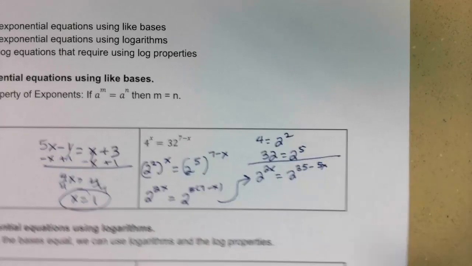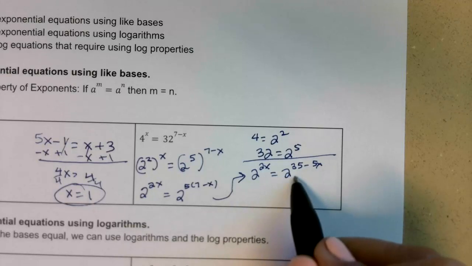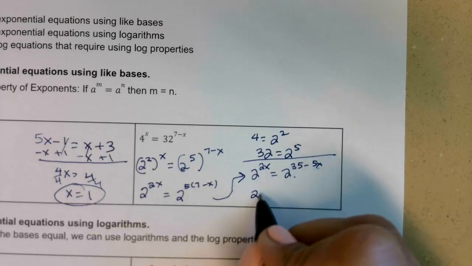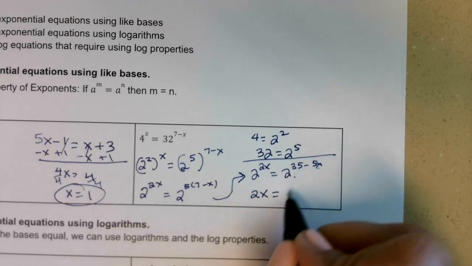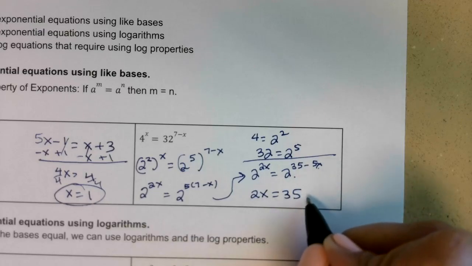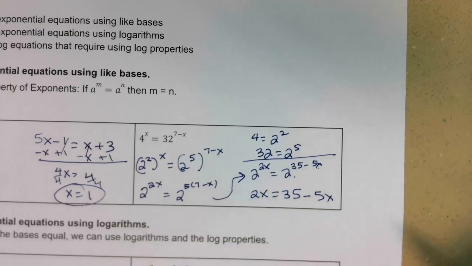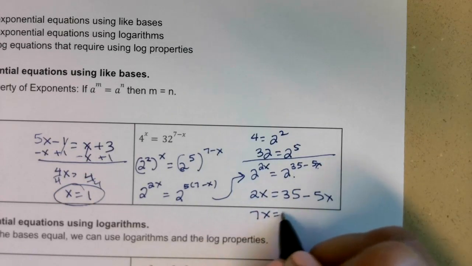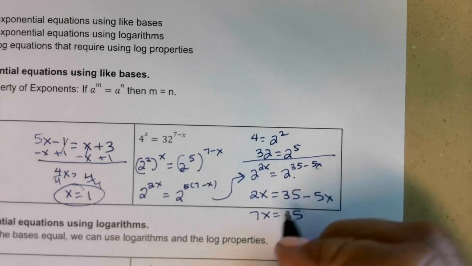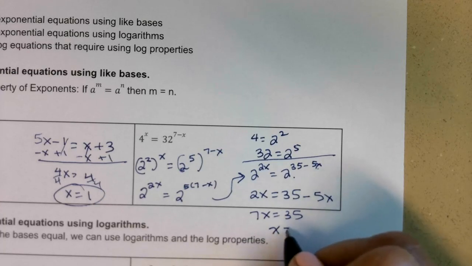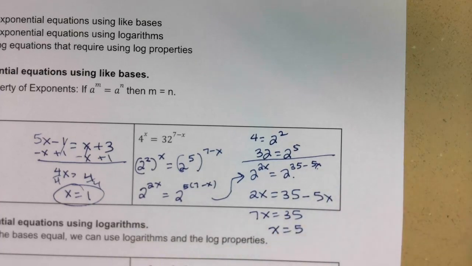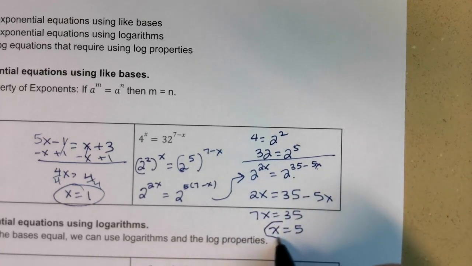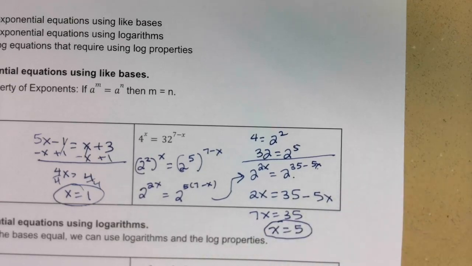Like bases, finally, there we go. So if these are the same, our exponents have to be the same. So 2x must equal 35 minus 5x. So add 5x to both sides, so I'll get 7x equals 35, divide both sides by 7, so x equals 5. It never happens that I get integers when I make this up. This is so cool. Nice.